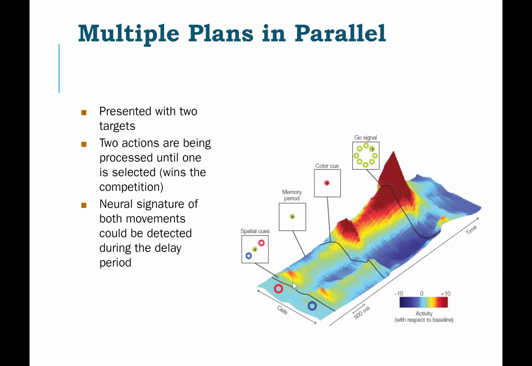What you observe is that a lot of the time, when you have multiple options, in order to act on them, they're both represented at the same time. And then when you make a decision, one of them goes dead, and the other one gets much higher activation.